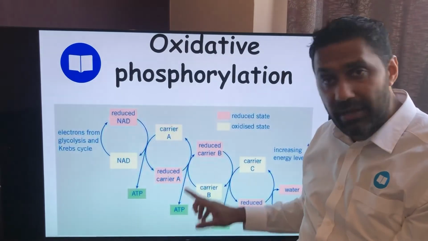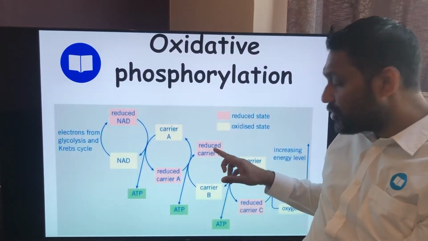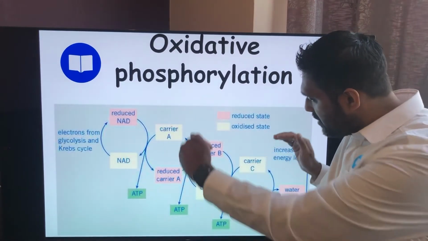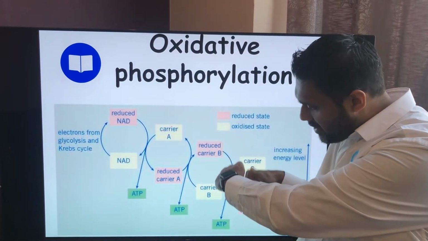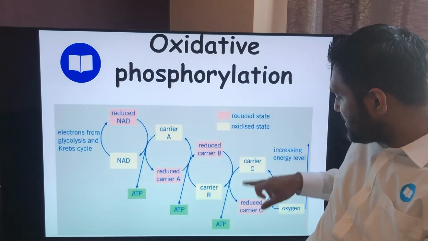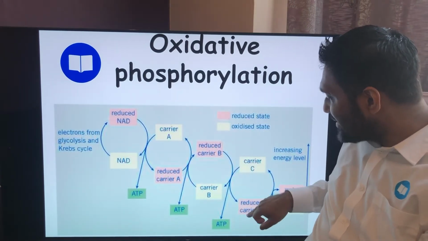You've got another ATP being made there. That reduced carrier B goes round, touches carrier C, and when they touch and kiss there, again, it's passing the electron from carrier B onto carrier C. Now the carrier C has gone pink because that's now reduced.